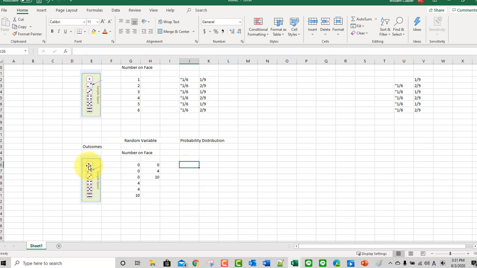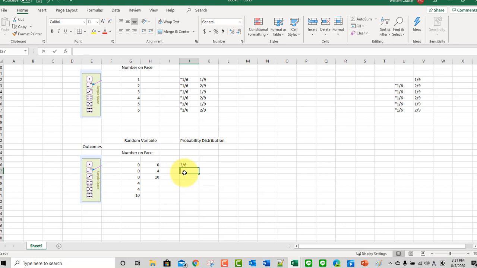0? So how many ways are there to get 0? 1, 2, 3. So let's say that's 3 out of 6. Okay, and then how many ways were there to get 4? I think there were 2 ways.